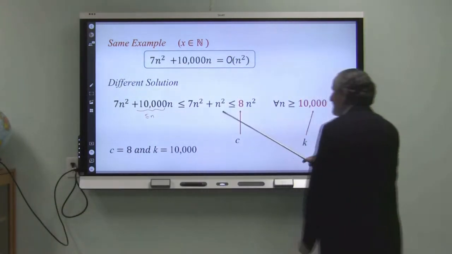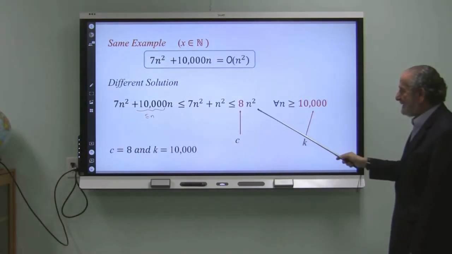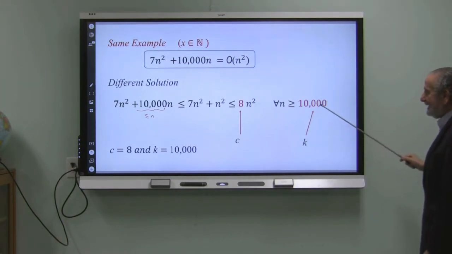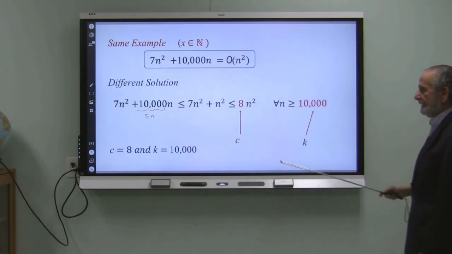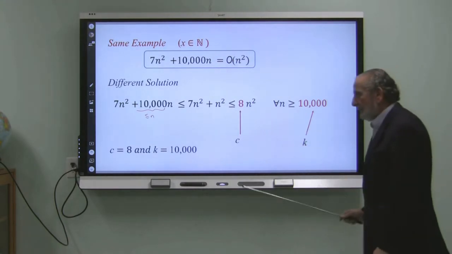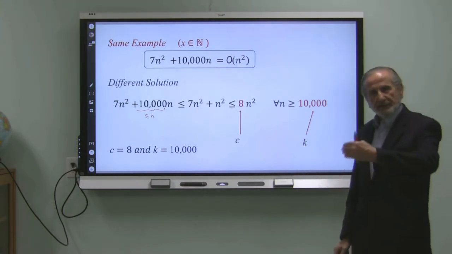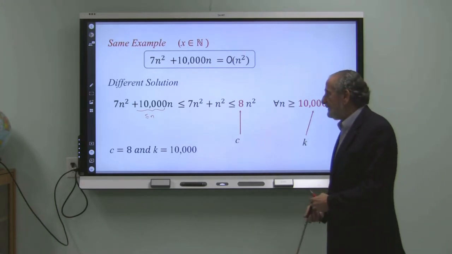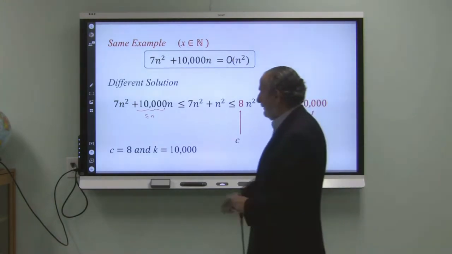So you get 7 plus 1, 8n squared, for any n greater than or equal to 10,000. You see, now the C and k are different than in the previous example. That's okay. You can get different answers for the same problem.